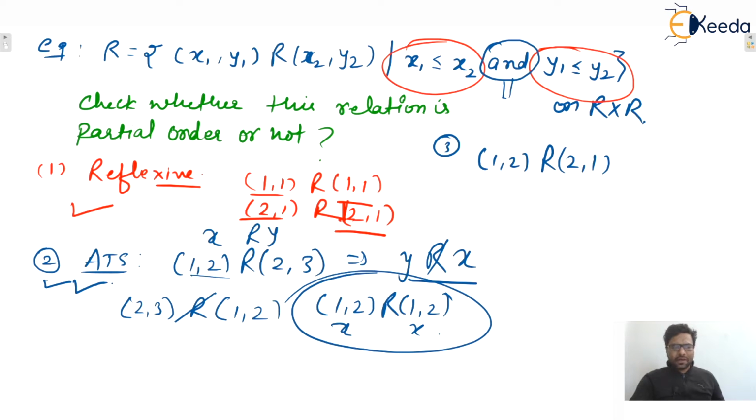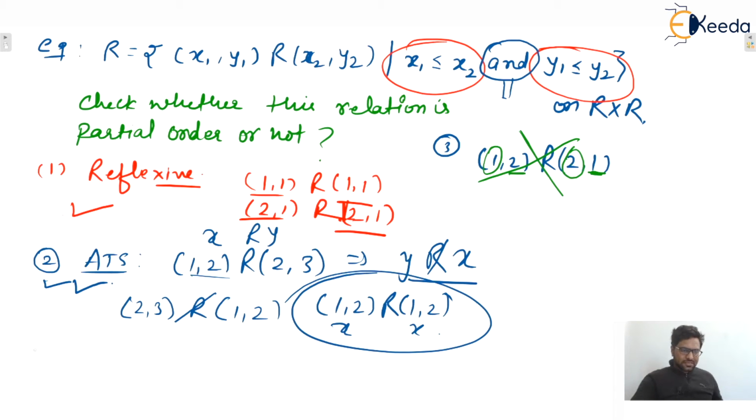This is not related in this particular relation. Why? Because the first condition is true, x1 is less than or equal to x2, but y1 is not less than or equal to y2. That's why this relation will not be present inside the given relation, isn't it?